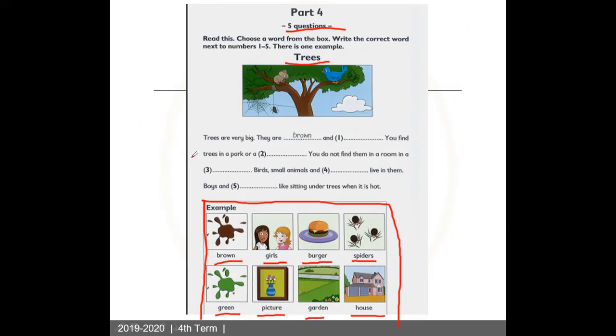the story. It says here, trees are very big. They are brown and, okay, so we have to cross out the word brown. And the trees, you can see, this one, it's actually color brown. How do you call this? It's like the trunk.